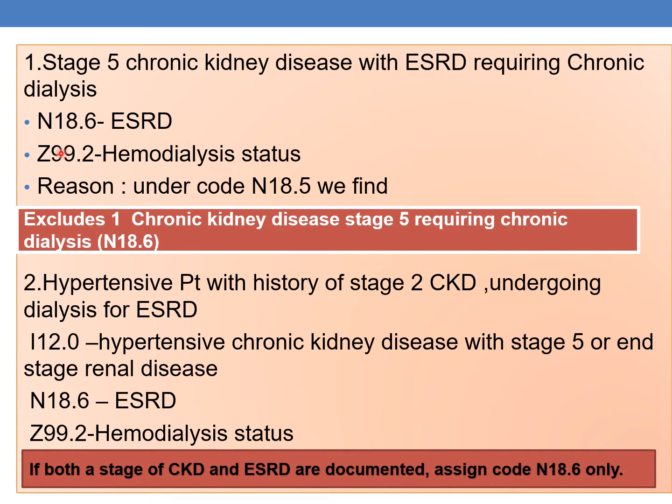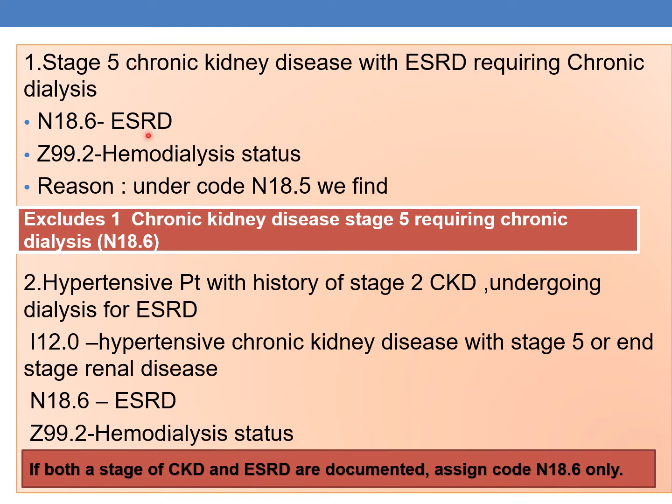Then the code is N18.6. Whenever end-stage renal disease is documented along with any other stage, you have to consider only end-stage renal disease. So here the answer is N18.6 followed by Z99.2 because he is requiring chronic dialysis. Z99.2 is the hemodialysis status.